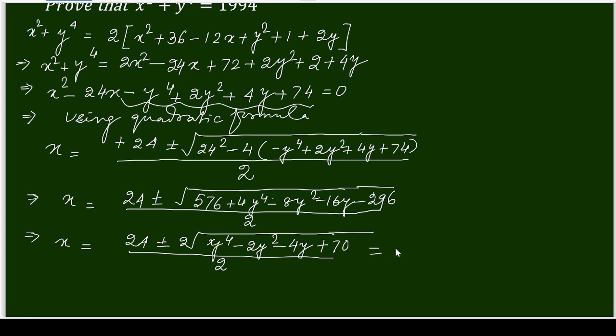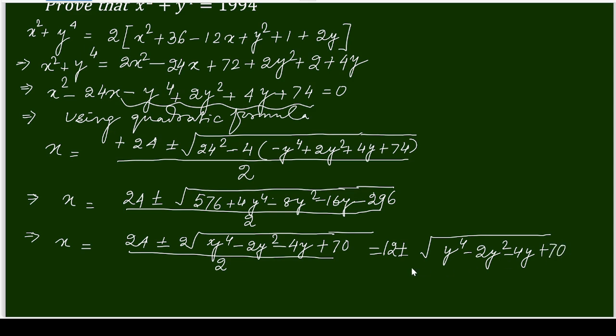Ultimately I am getting x equals 12 plus or minus the square root of y to the power 4 minus 2y squared minus 4y plus 70.